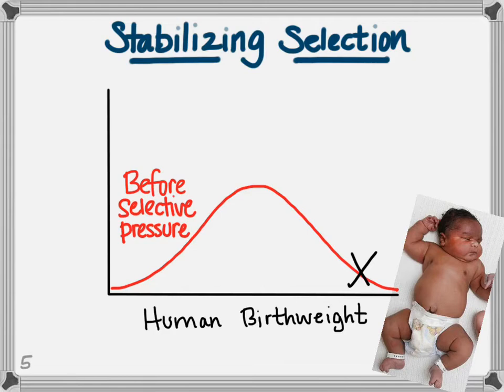Since there's a strong genetic component to birth weight, women who were genetically inclined to have larger babies, we're talking over 9 pounds here, than could be safely delivered, probably didn't pass their genes on to their offspring.